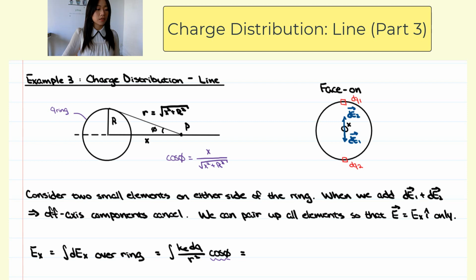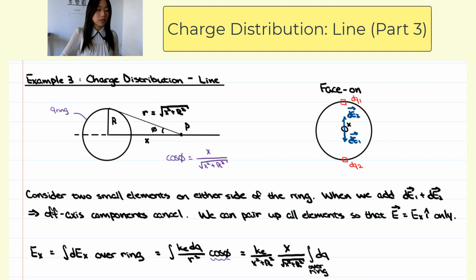Then this equals Coulomb's constant divided by r squared, and r squared is x squared plus R squared, the radius squared, times cosine phi, which is x divided by the square root of x squared plus radius squared. Then the integral of dq, and the integral is over the ring.